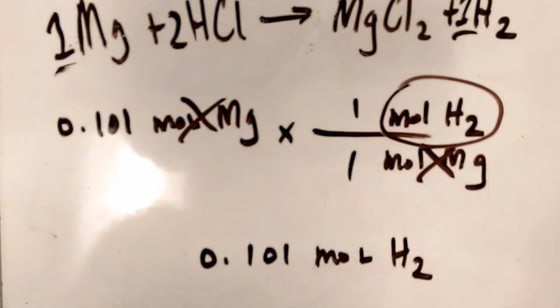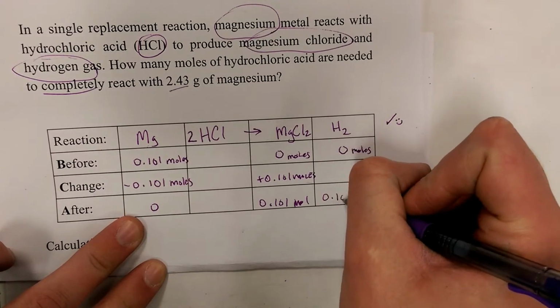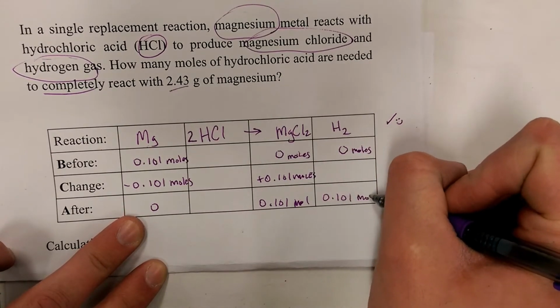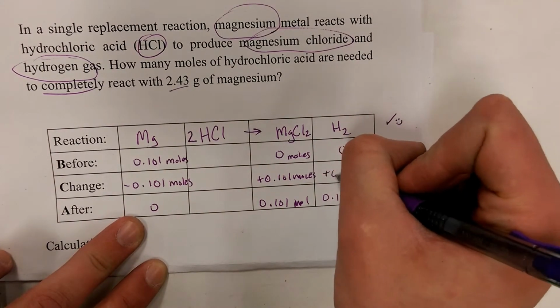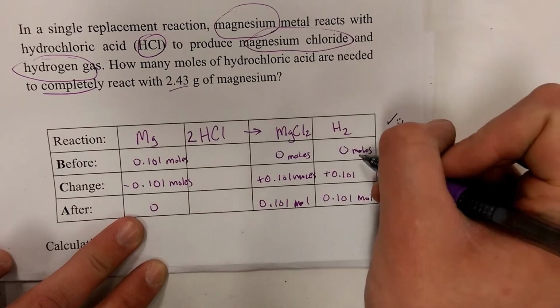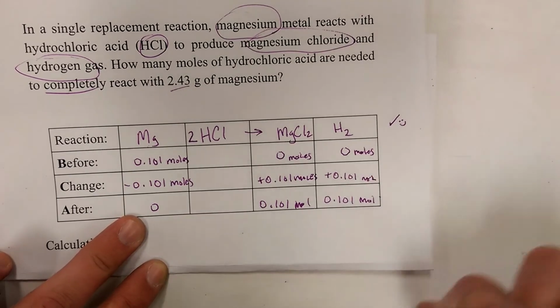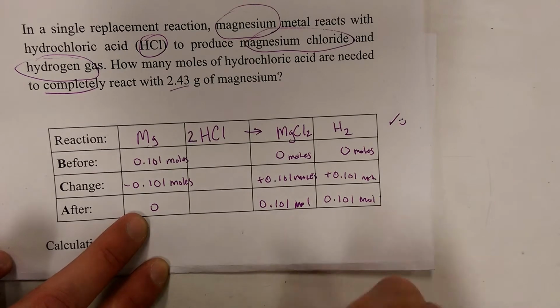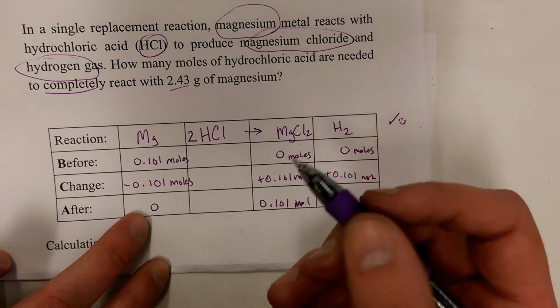This is another value we can put into our BCA table. Remember from our last calculation, we found that we were creating 0.101 mole of H2 gas. Again, we can fill out this one because to go from 0 to 0.101 mole, we have to add that value. So here's our last column that we have to construct.